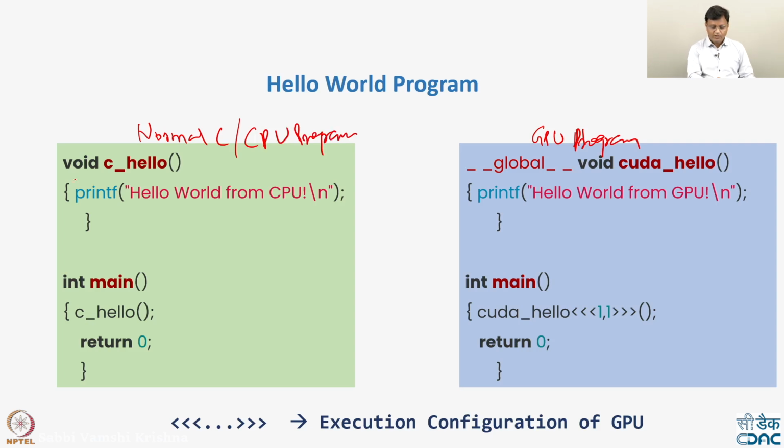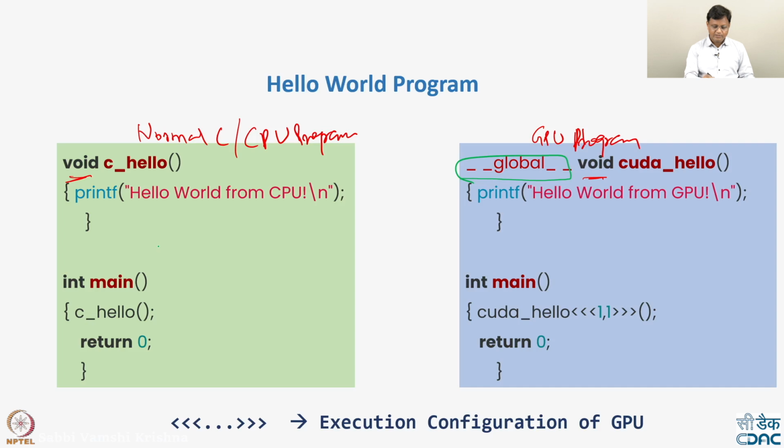We are using void here, and here also, and in both, but the only difference is this qualifier I am passing to make this function a CUDA function.